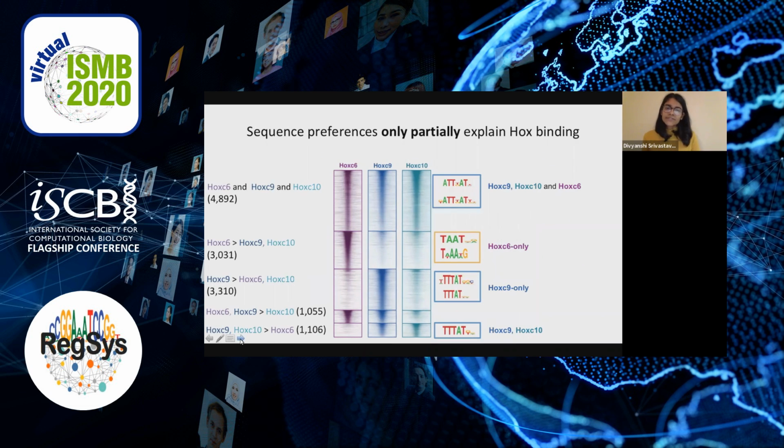Looking at the motifs that exist at these different categories of Hox binding sites, we find, as we expect, that HOXC6 unique sites are associated with an anterior Hox motif. This is in line with what we expect HOXC6 to bind.